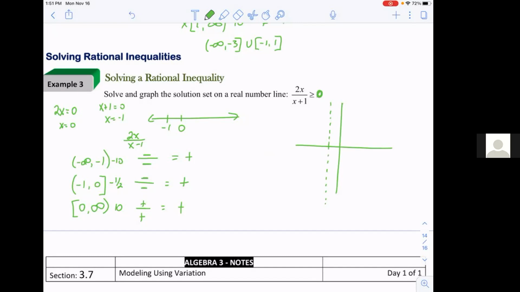I know where my mistake is. Did y'all find my mistake? We have x plus 1 right here, and I wrote this as x minus 1 right here. There's my mistake. Because now it makes sense.